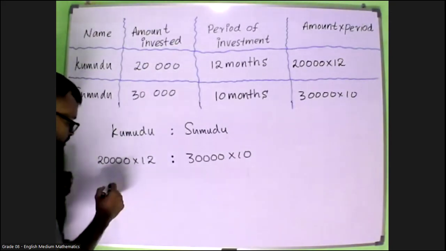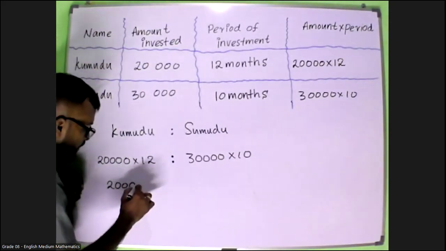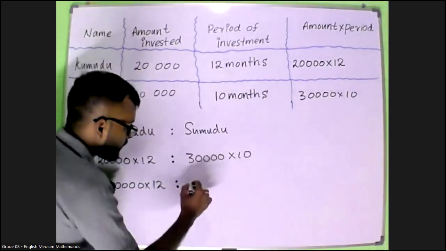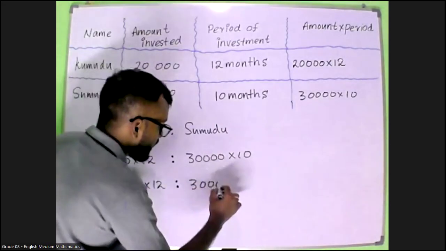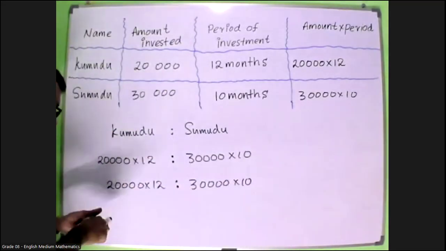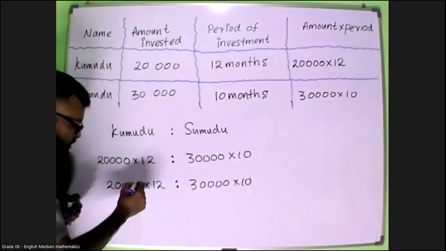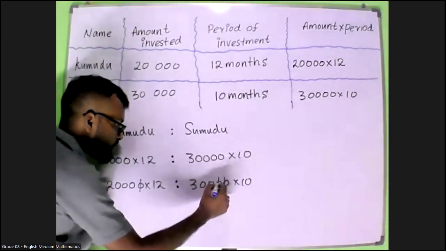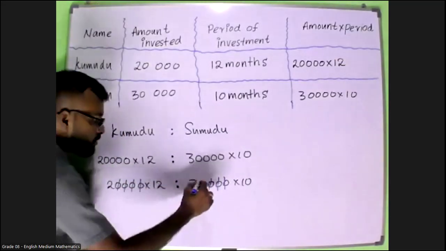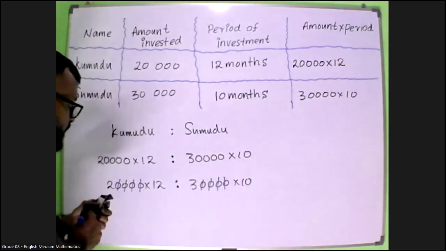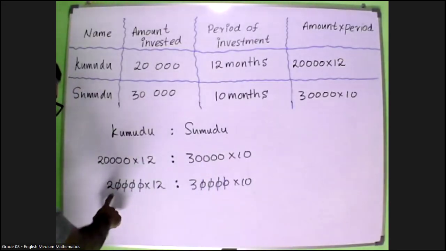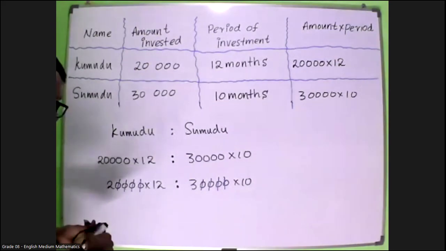I will write this again, then you can understand. Zeros cancel with zeros. Is there anything else to be simplified? Here you have 2, here you have 2. I will write it again.